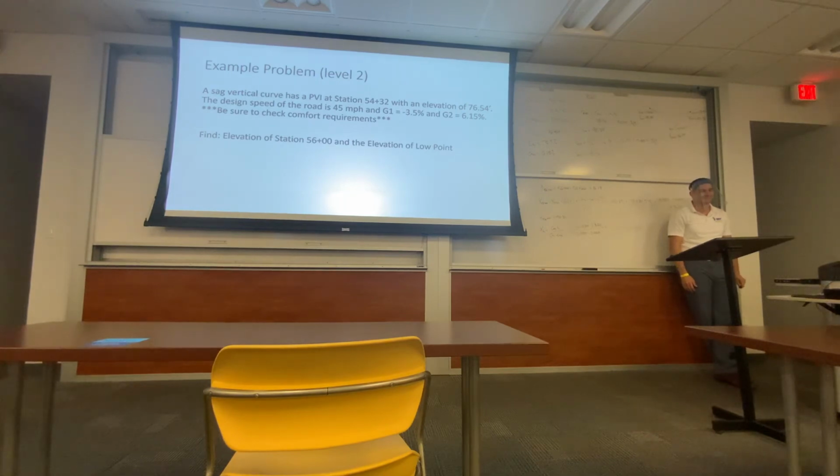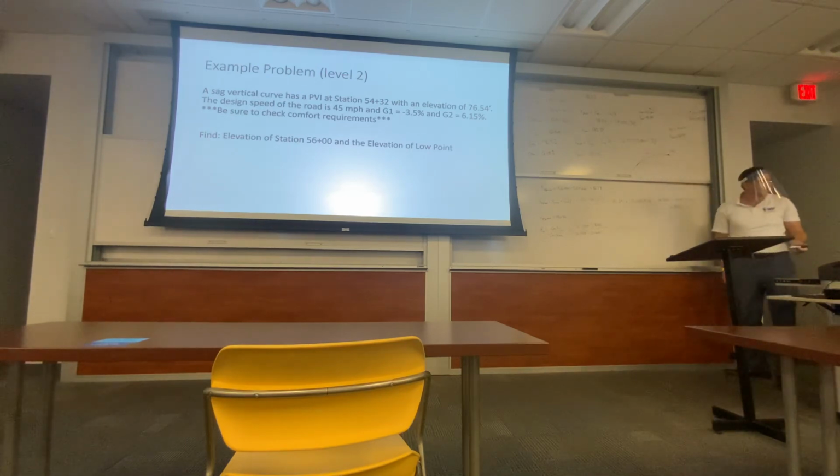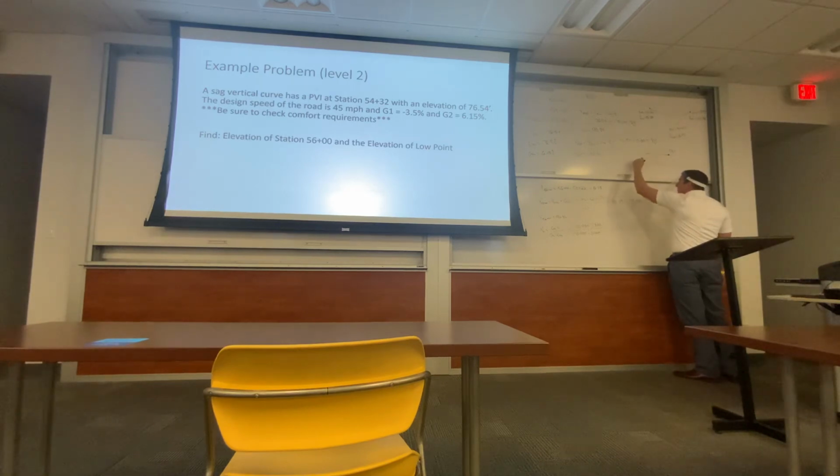Would you just plug 0 in for everything else? Yes, you would just go through the exact same process, and one of the grades is 0. So it's like a curve that looks like this. Not a curve, here it's just like that. So what you're saying is the grades match the grades for that? Yeah, so PVT was the high point, right? Sure. And PVC was the low point.